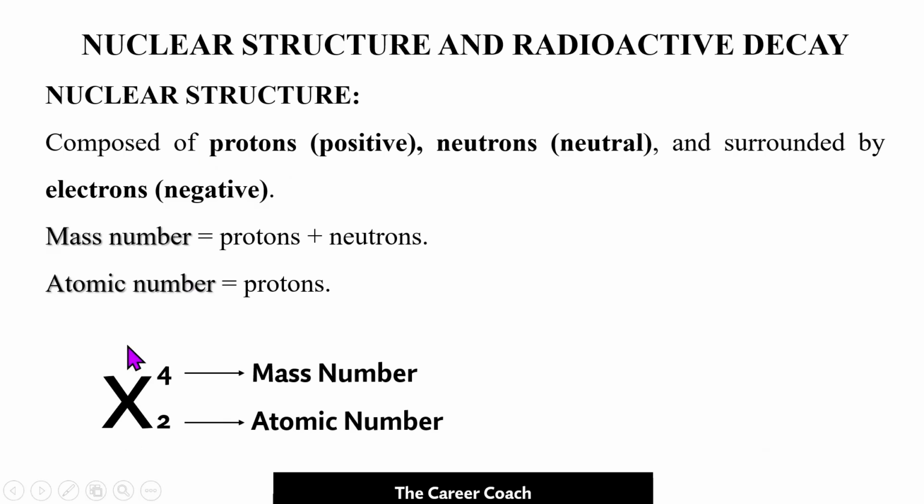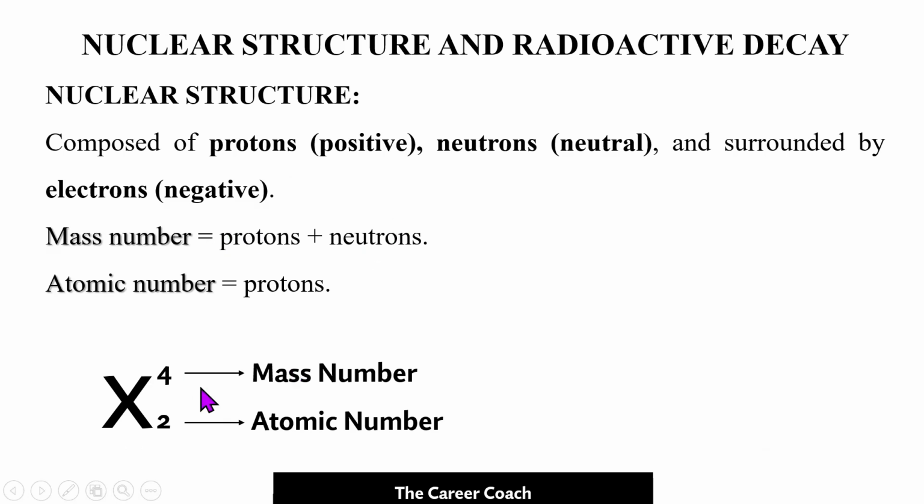Take note of this example. An example is a radioactive element called X. The mass number is 4 and the atomic number is 2. You will be given examples in the exam hall or maybe in class. Ensure that you take note of the calculation. The number at the top is the mass number. It constitutes the number of protons and the number of neutrons.